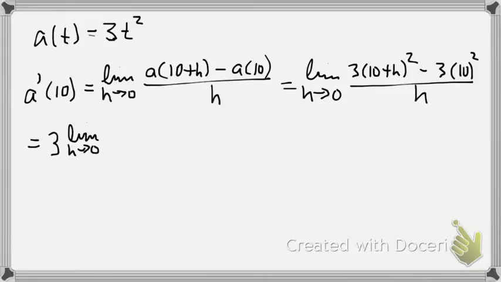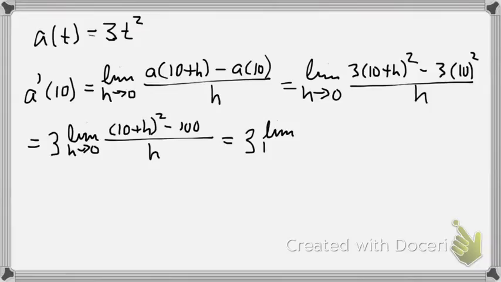Limit as h approaches 0, so then that's going to be (10 plus h squared minus 100 all over h). Let's multiply it out. At least I gave you a square this time instead of a cube. So you have 3 times the limit as h approaches 0, and tell me what to write for my numerator.